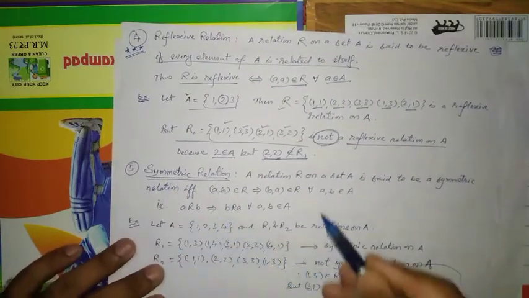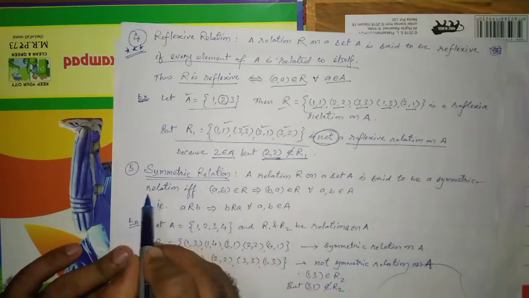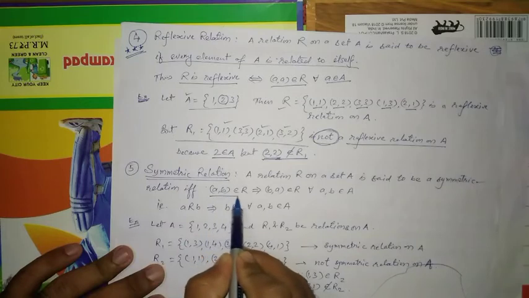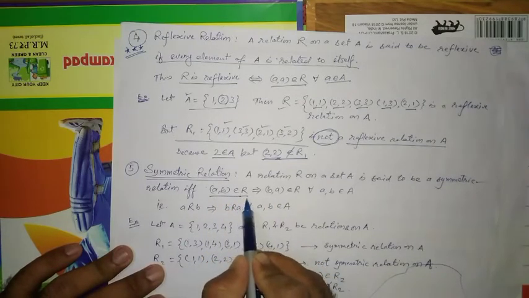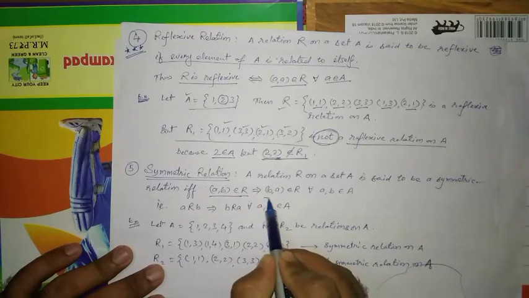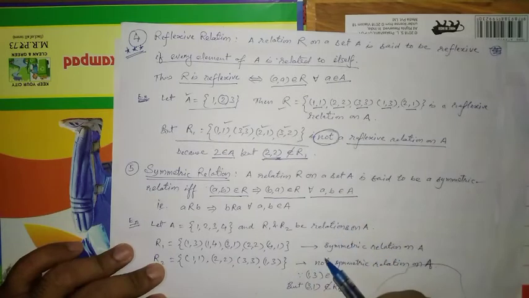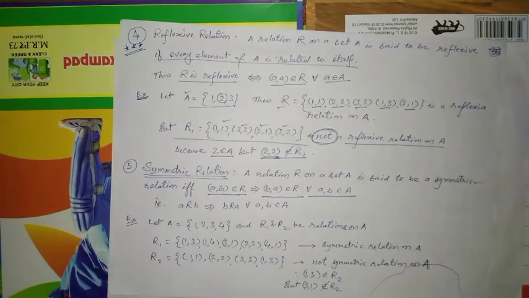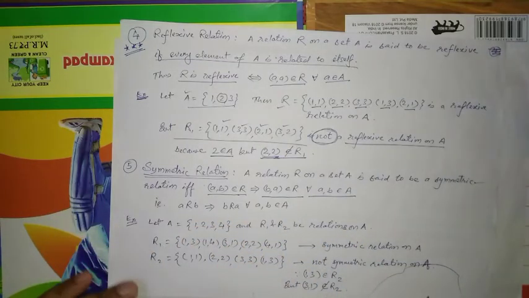We'll consider the next one, that is the symmetric relation. A relation R on set A is said to be a symmetric relation if (a, b) belongs to R implies (b, a) belongs to R for all a, b belongs to A. So symmetric means just a mirror, you can say a mirror image.